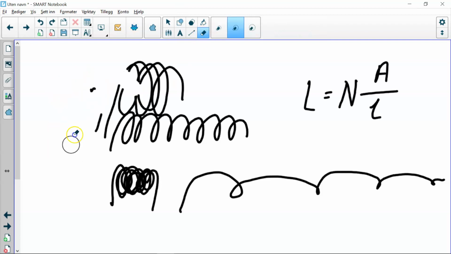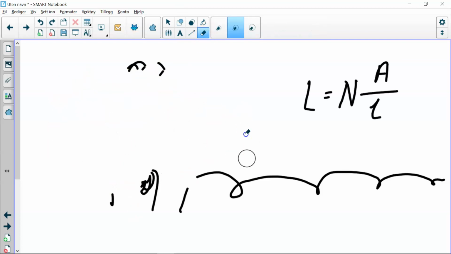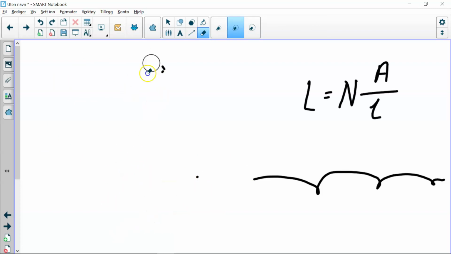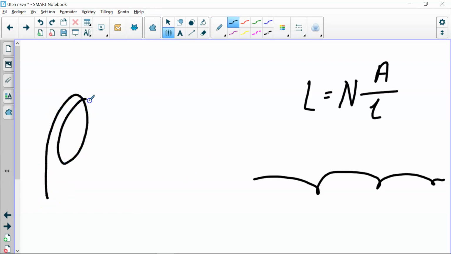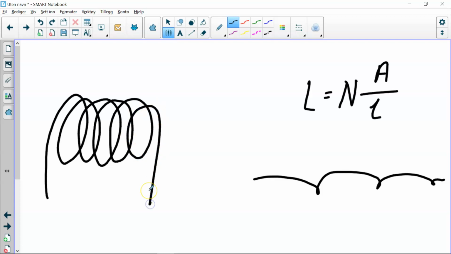Let's just clean up the board a bit and draw another coil. Here's a coil. Now, a current would build up a magnetic field in that coil.